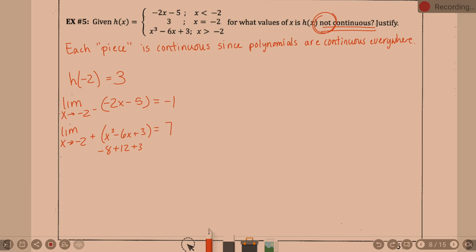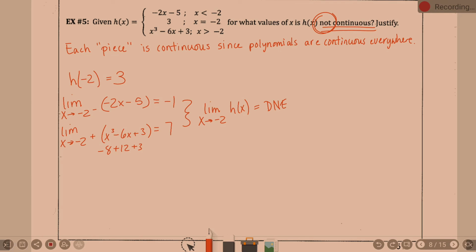Because of this, what do we know right here? Not continuous. The limit as x approaches negative 2 of h of x does not exist, does it? And on top of that, it doesn't equal that point either.